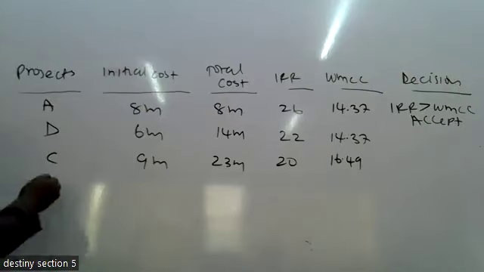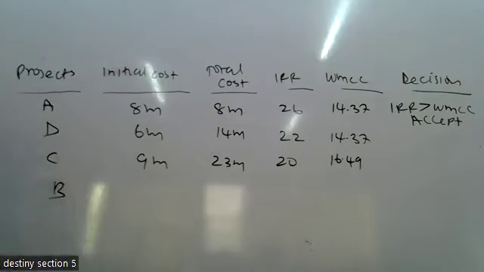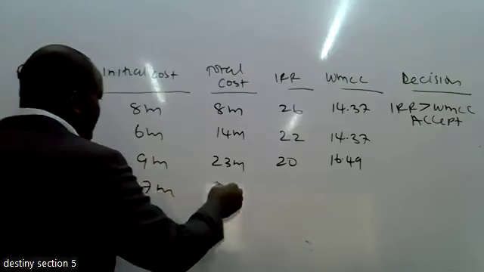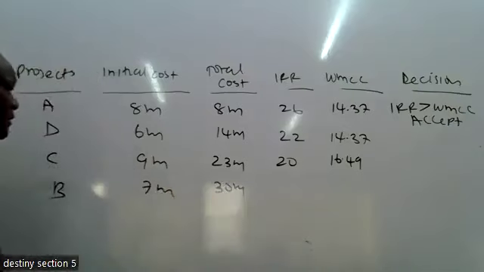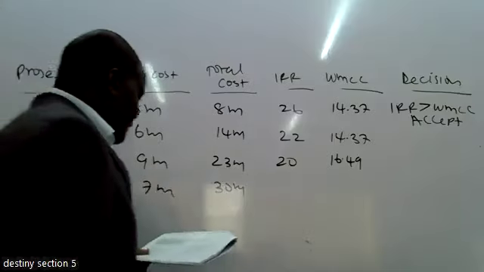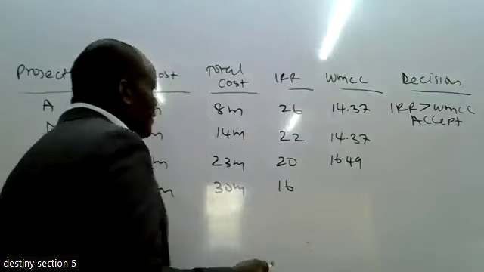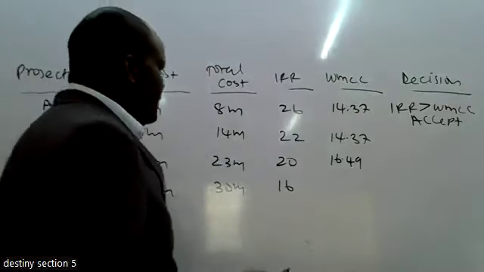The last one is B. So B had an initial cost of what? 7. So total should now be 30. So the IRR for B is what percent? So the WMCC will be here.